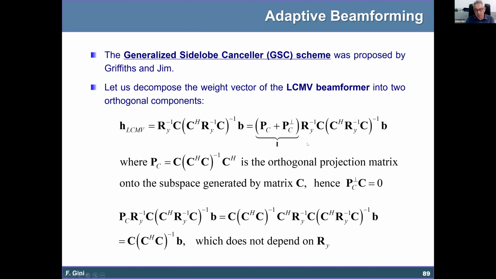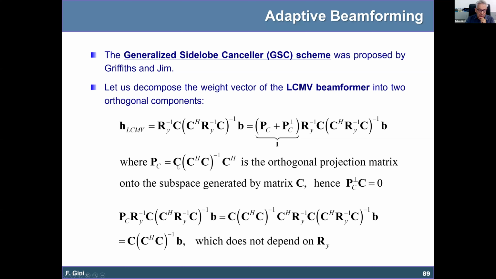Then imagine to decompose the beamformer in two terms by projecting this vector, at the end this is a vector, on the subspace generated by the columns of C and on the orthogonal subspace.